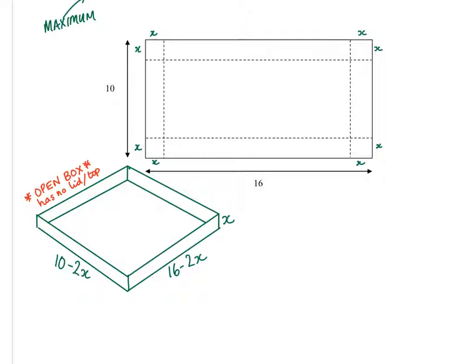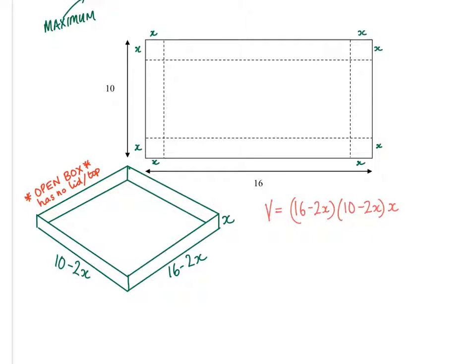So if we look at the volume, we can work that out. We've been told that the volume has to be a maximum, so we can get a value of x that will make that happen. So the volume is equal to the length times the breadth times the height.